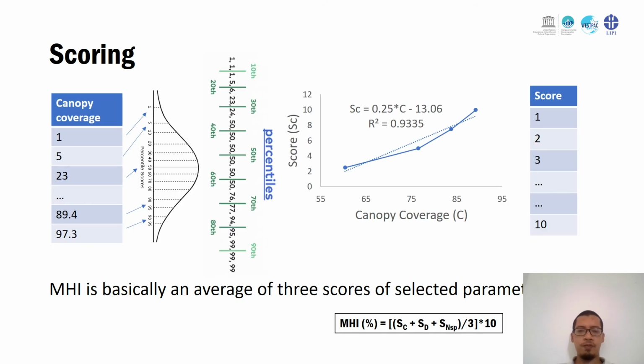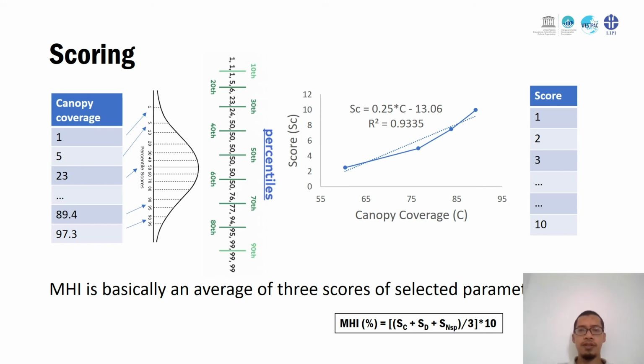Then, for formulating the Mangrove Health Index, first we have to do scoring for the parameters, because the datasets of parameters have different ranges. So we standardize the datasets. The standardization was done by corresponding each value in the dataset of a parameter with a value from 1 to 10 based on its percentiles.